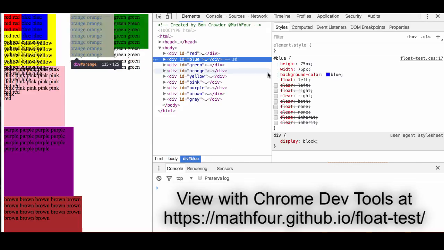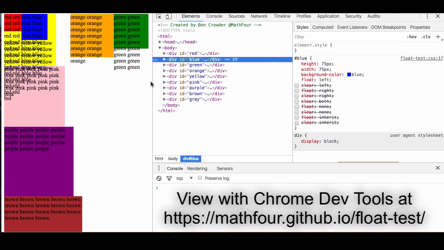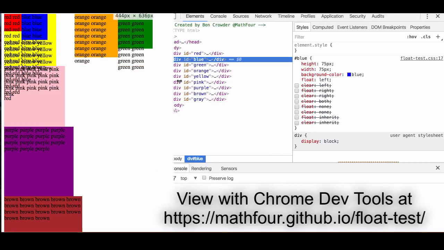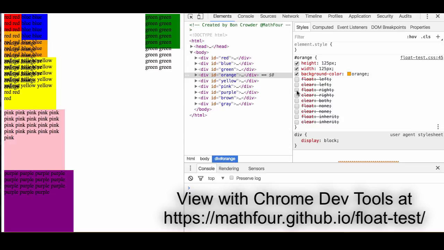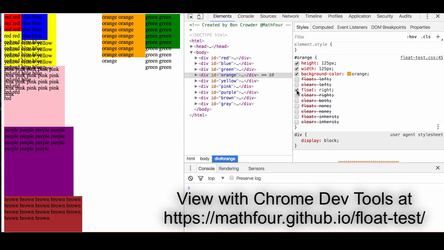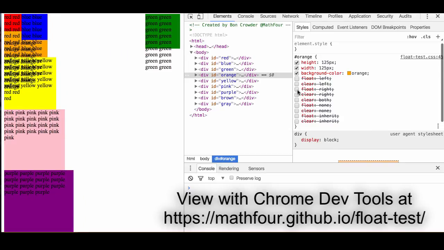There we go. So if we have him floating right, he's going to go over there. I'm sorry, we're on orange, aren't we? So we have orange floating right. Goes back over, floats. Wow, that's curious.